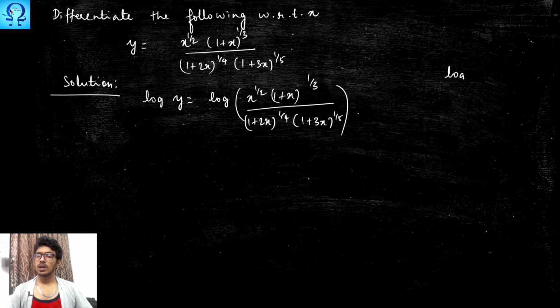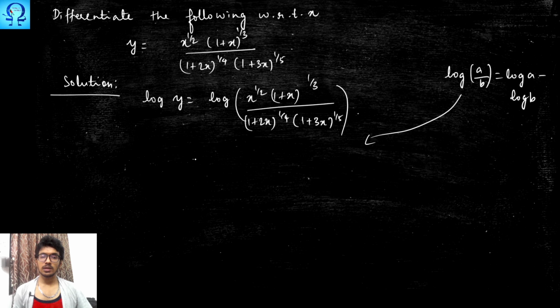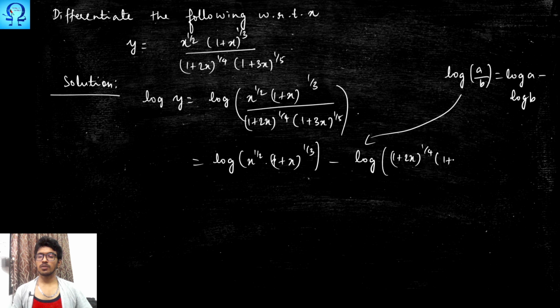We know log of a upon b is log a minus log b. Using this, we get log of x to the power 1/2 times (1 plus x) to the power 1/3 minus log of (1 plus 2x) to the power 1/4 times (1 plus 3x) to the power 1/5.